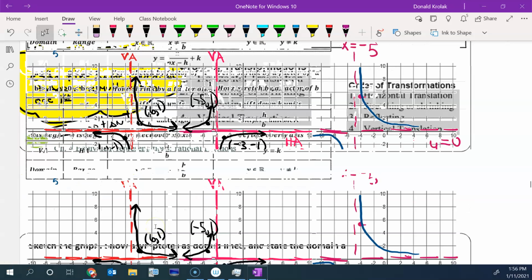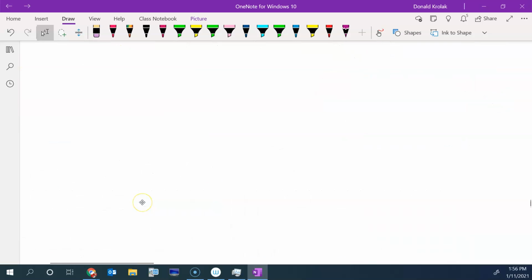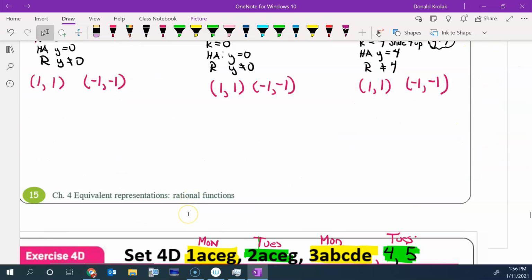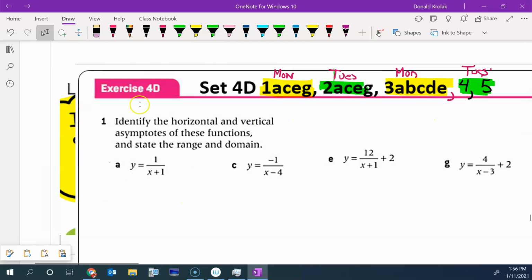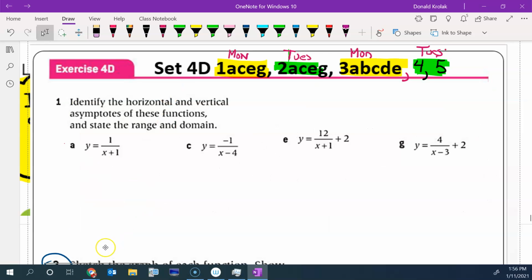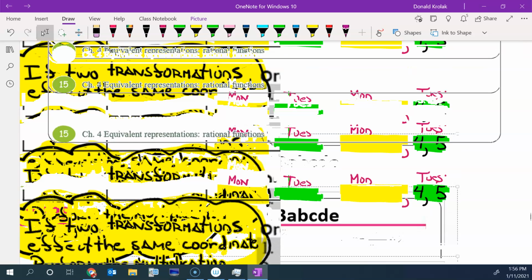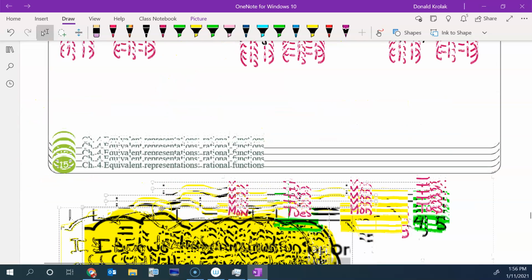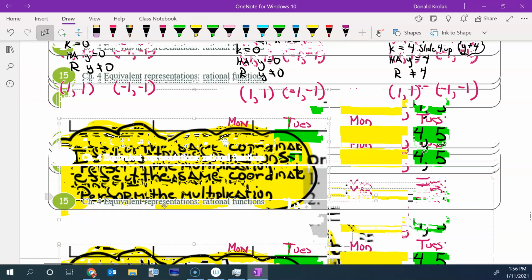All right, head back down this way. That has got to happen first.